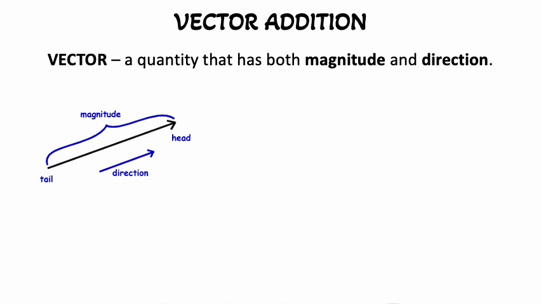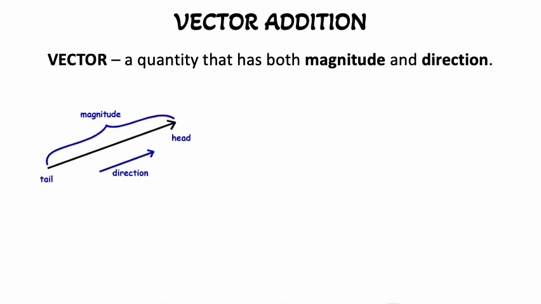So kung mahaba yung arrow that you are going to draw, that means that the magnitude of the vector that you are representing is large. Kung maikli naman, that means the vector that you are representing, say for example, the force, is just small. So maikli lang yung arrow that you are drawing.